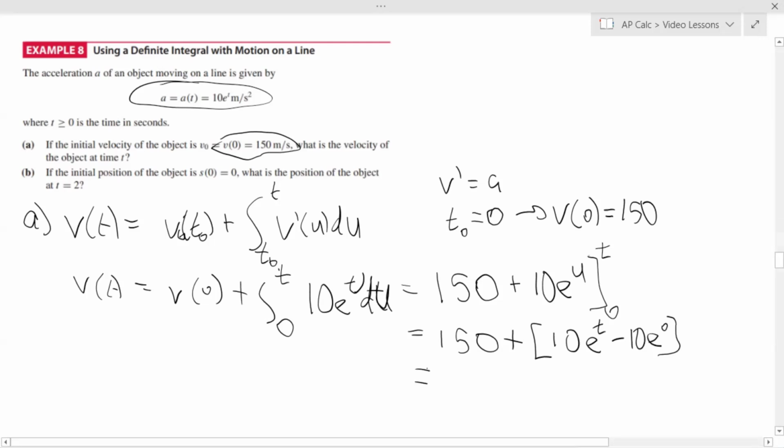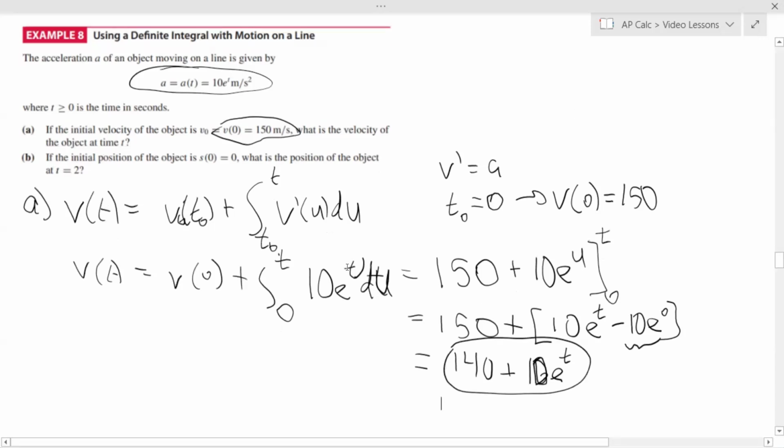Now, e to the 0 is just 1, so if you multiply it by 10, this just becomes subtraction of 10. And then we end up with 140 plus 10 e to the t. Alrighty, so there's part A.